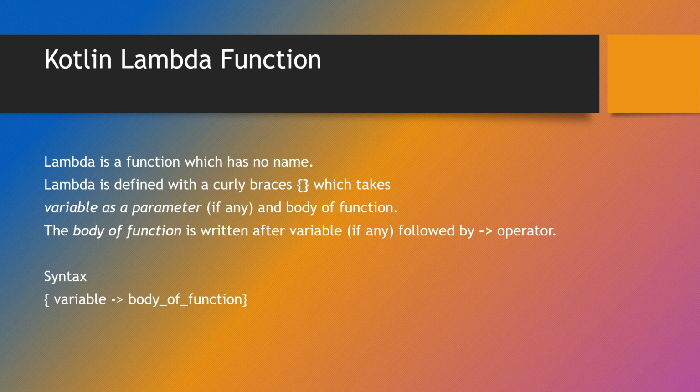The body of the function is written after the dash and greater than icon, like an operator. So here is the syntax which I have defined, and we will also implement it in a program: variable and body of function in curly braces. So let's directly jump onto the program.